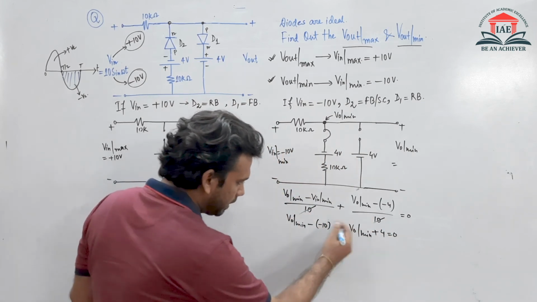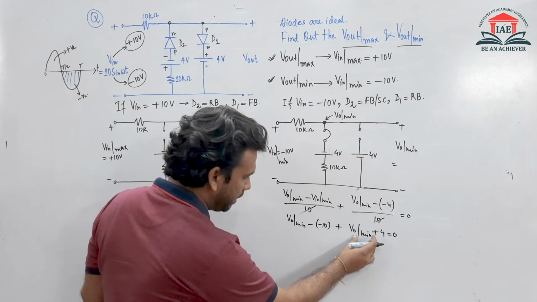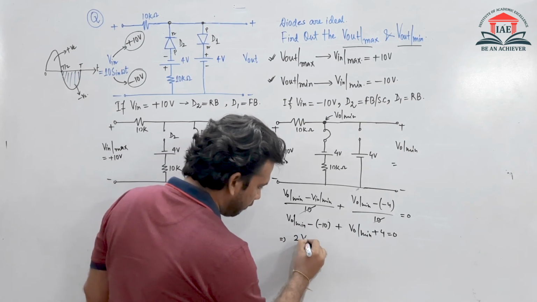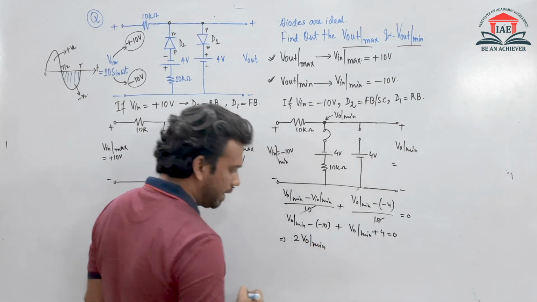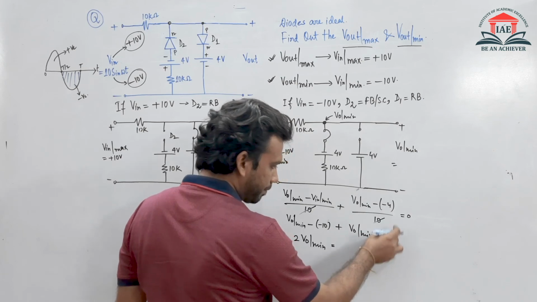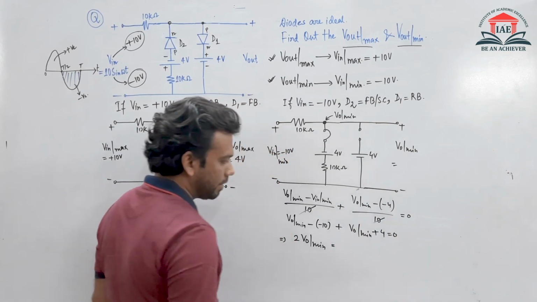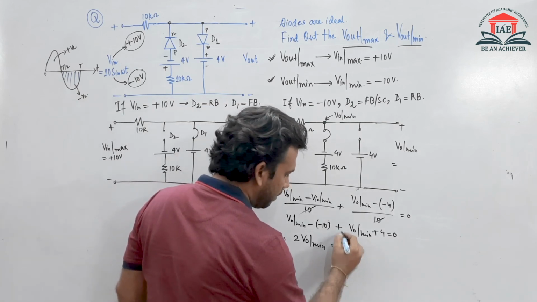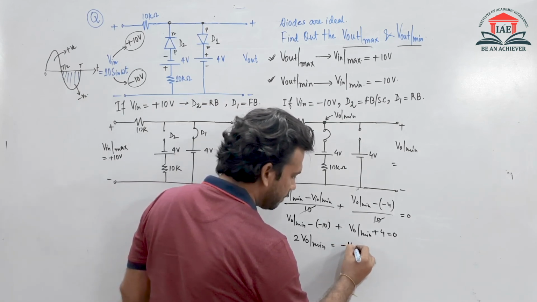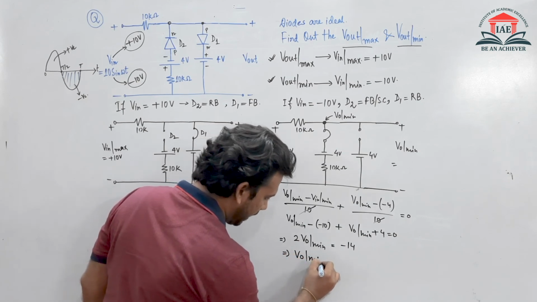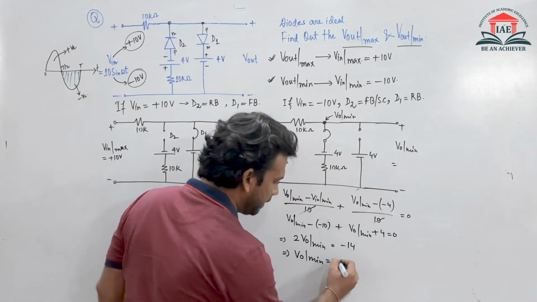So now from this equation you can see that V0 minimum here, V0 minimum here, so 2 V0 minimum value is here and this is positive 10, this is positive 4. So अगर इसको मैं राइट हैंड साइड पे ले जाता हूँ तो यहाँ पे मेरा आएगा -14. So मेरा जो V0 मिनिमम का वैल्यू अभी आया है that is -14 divided by 2, that is -7 volt.